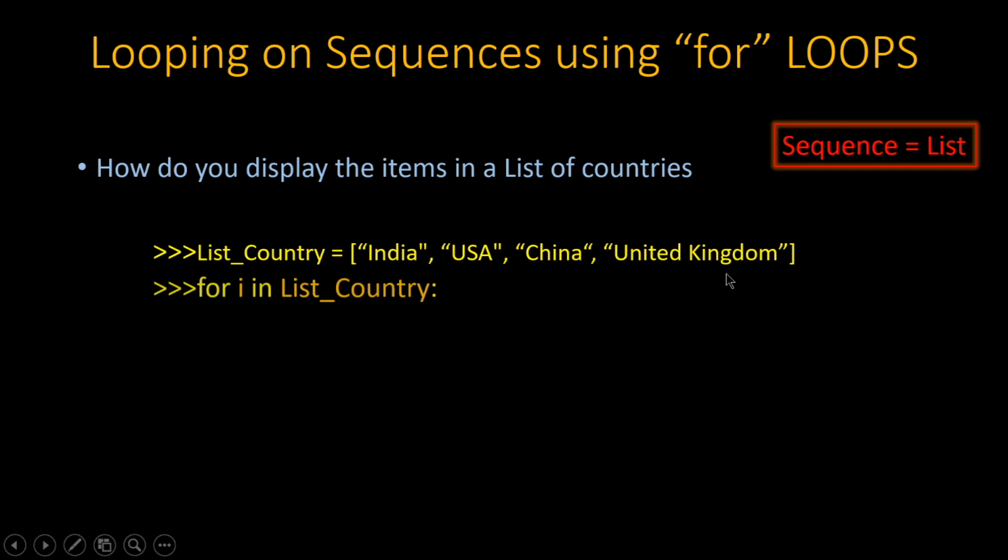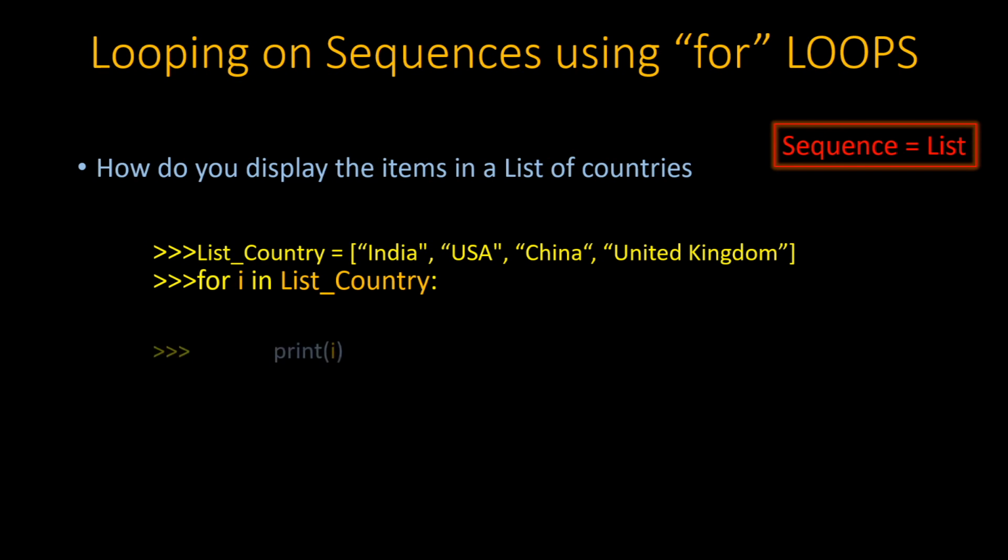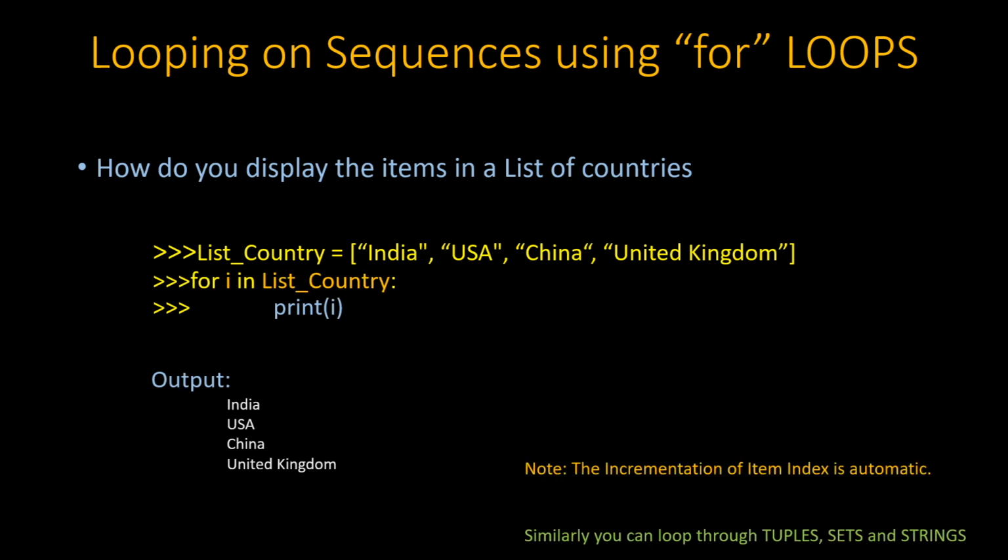Then we have our for loop which says for I. I is a variable, for is a keyword, in is a keyword, and the list country is the sequence. When we print I, it will give India, USA, China, and United Kingdom. Remember, the incrementation of item index is automatic.